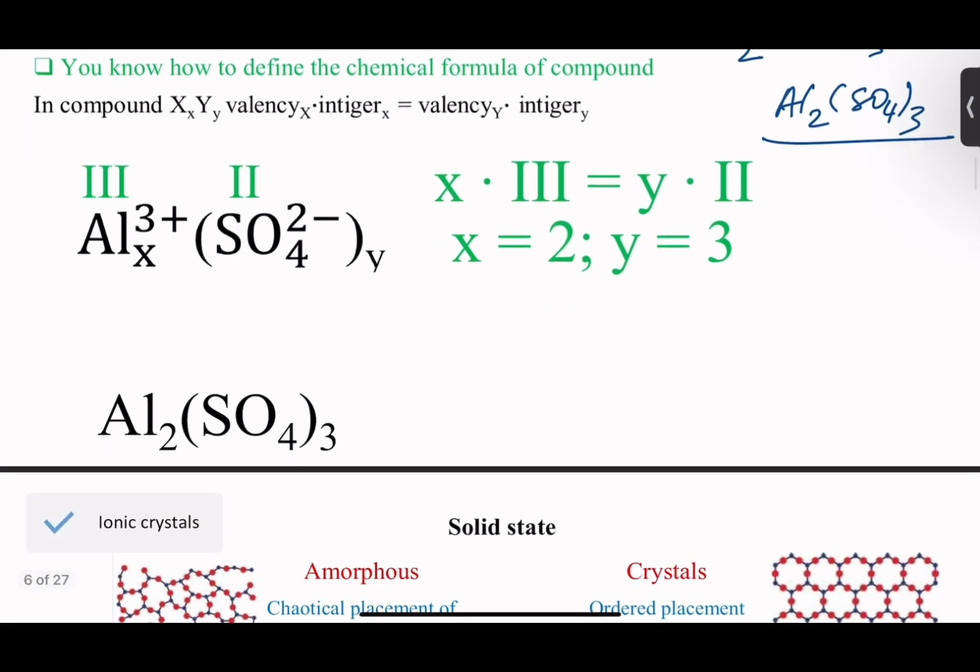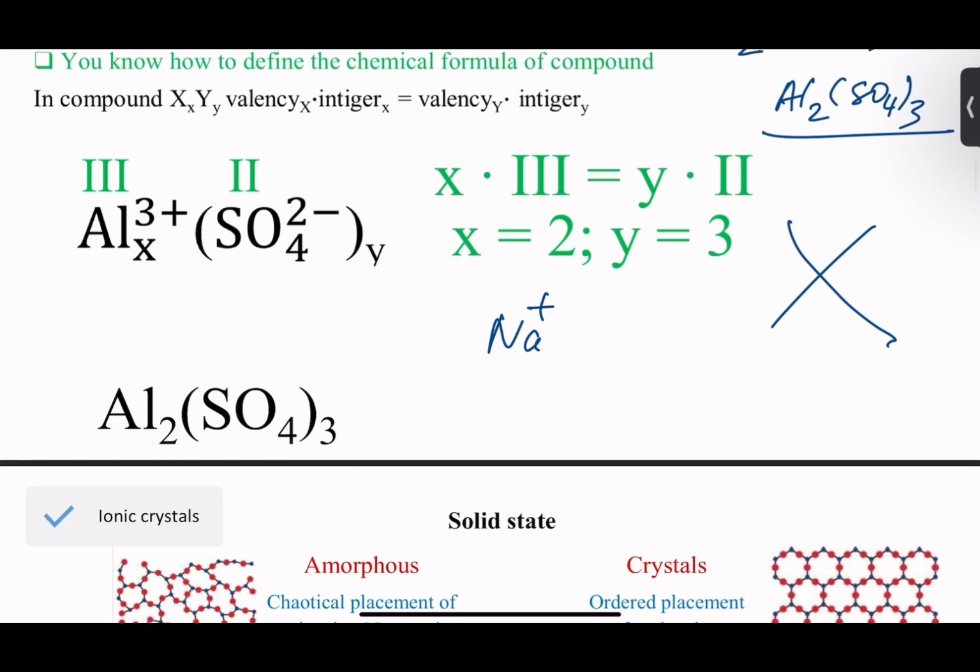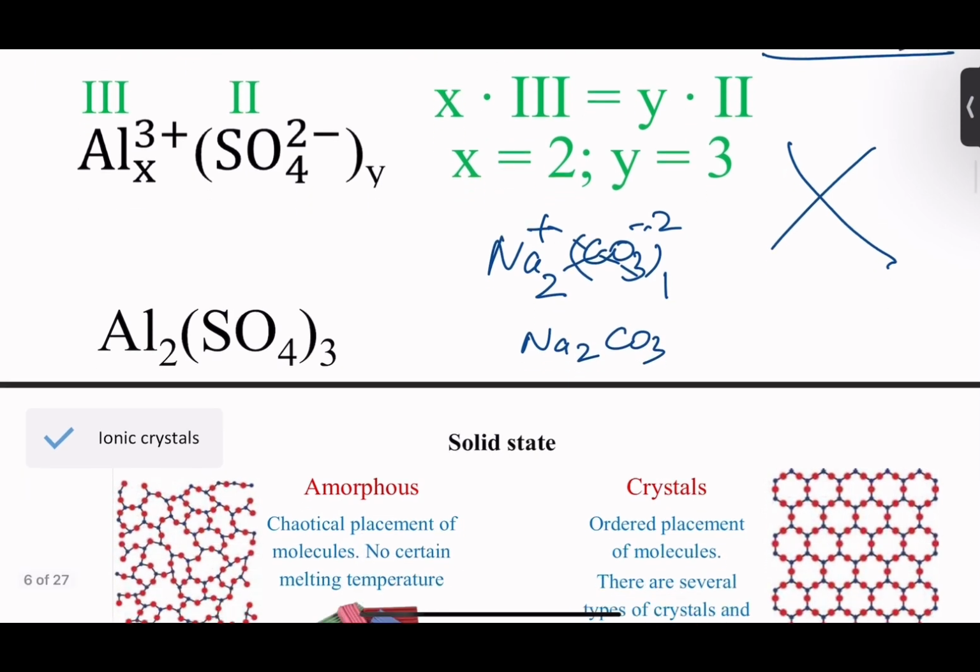This is the crisscross method. For example, sodium is +1, and carbonate is -2. So the 2 comes here and the 1 comes here, so it becomes sodium carbonate, just like this.